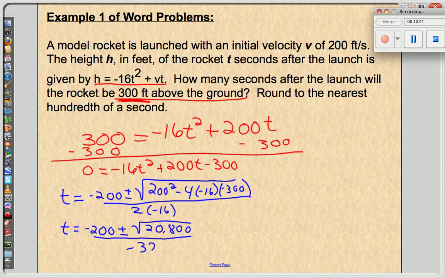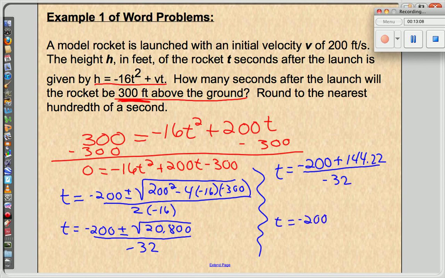And that is all over negative 32. Now I need to take the square root of 20,800. So I get t equals negative 200 plus the square root of 20,800, which is 144.22, and I just rounded it, divided by negative 32.